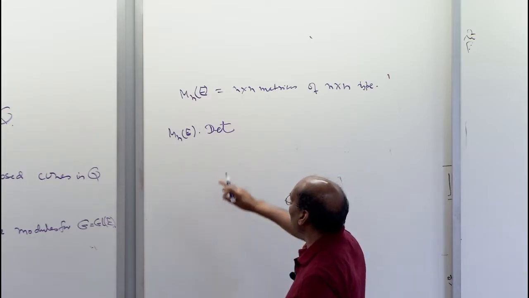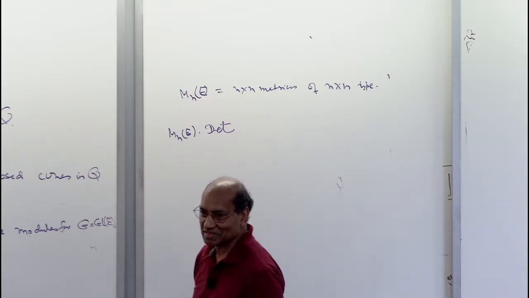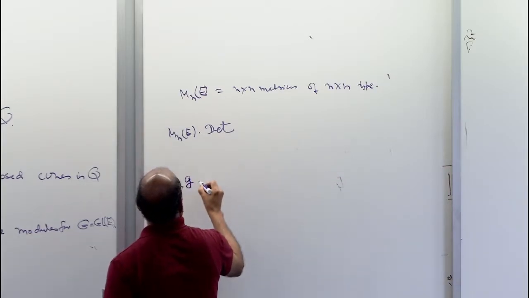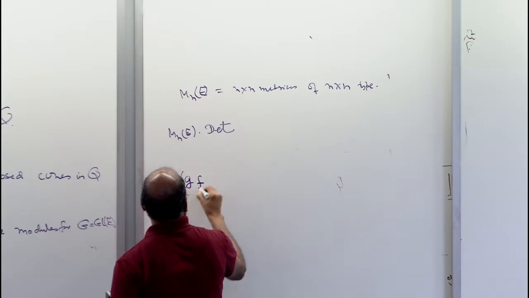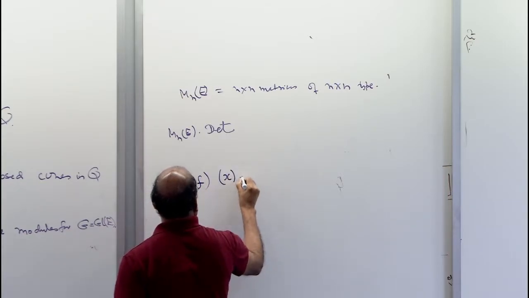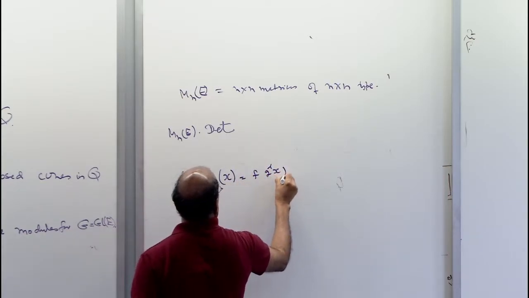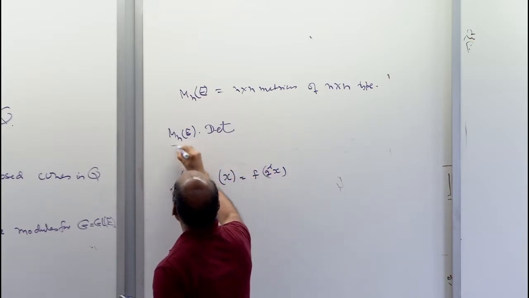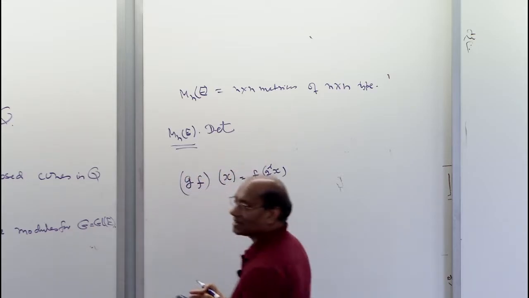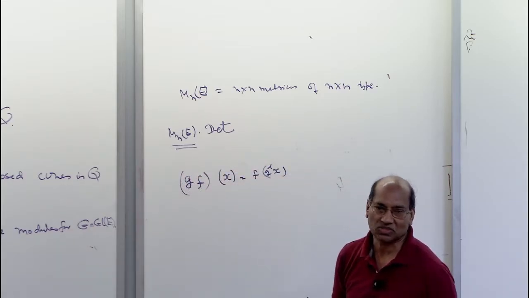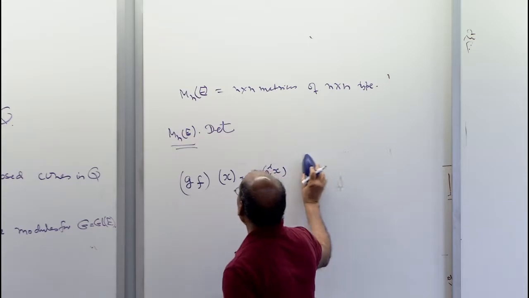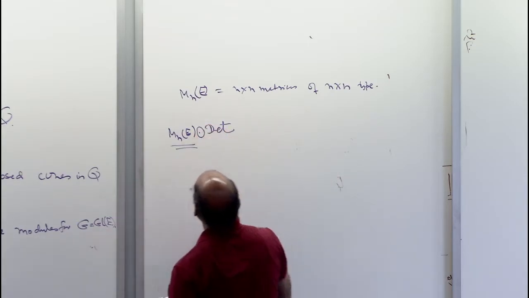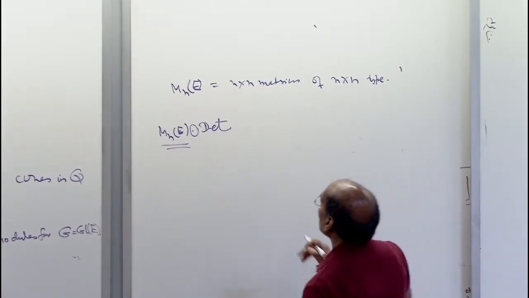Mind that usually the action is by G inverse. So usually the action of G on any function f at an element x is f of g inverse x. But I'm just going to change it into a right action. So M(E) will act on the right, but that's not going to change the orbit structure, so I'm not going to worry about that. So I'll just say that this is the right action.